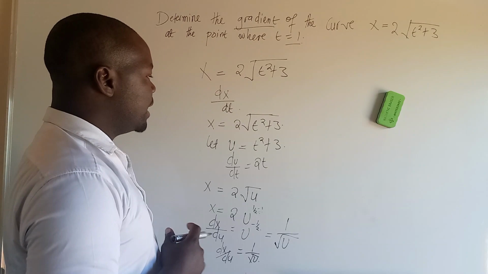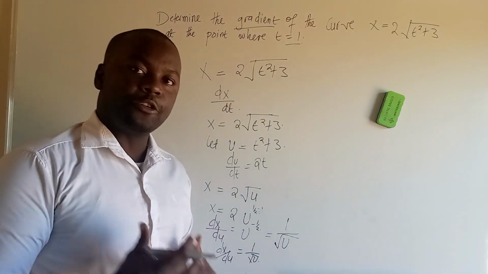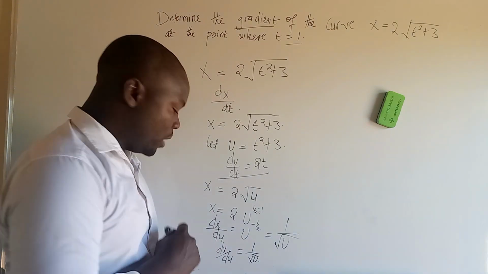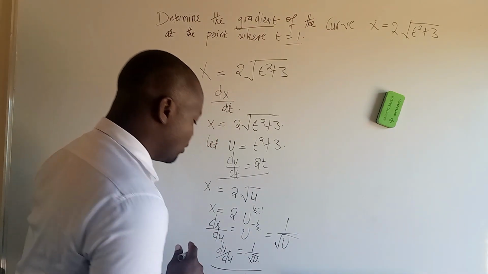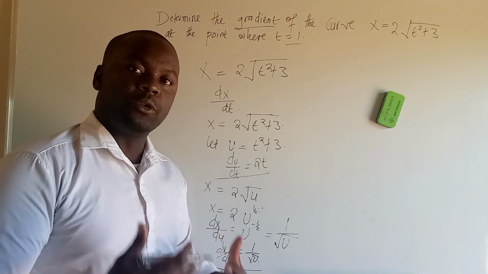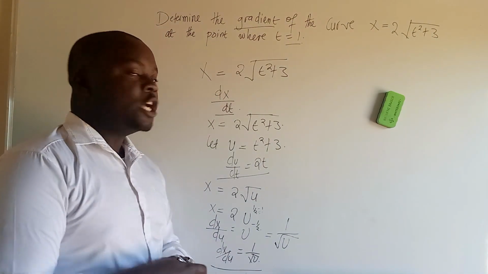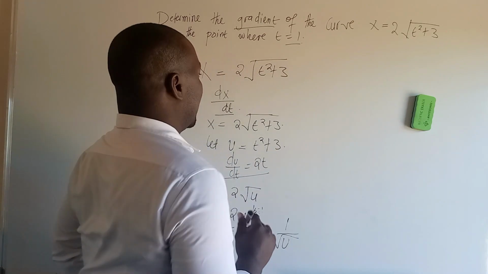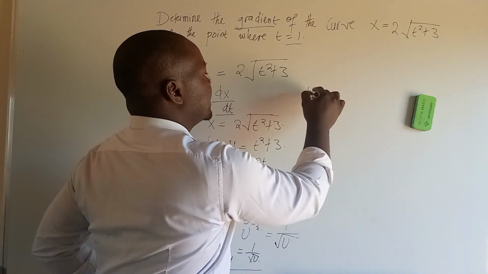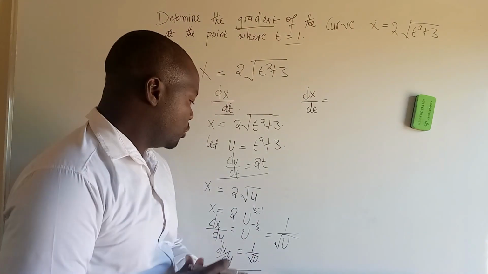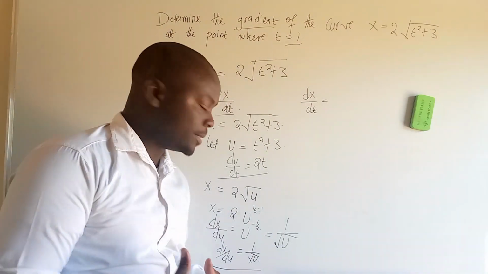So now, what we have found so far, we have calculated du over dt. We have also found dx over du. But what are we looking for? We are looking for dx over dt. So to find dx over dt, we are going to use the chain rule concept.